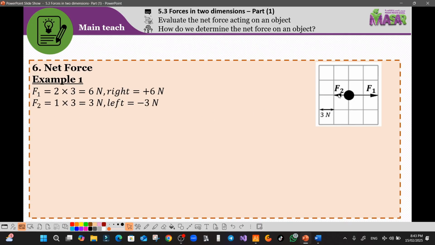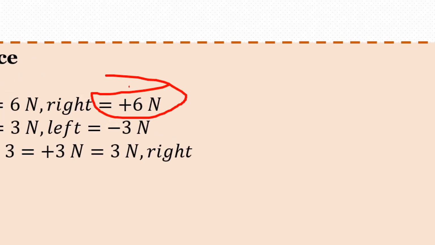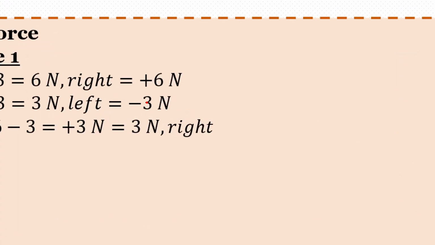Now for F2, we have only one grid, but to the left. This is why when I want to re-express the answer, I must add the minus sign for this magnitude. Now to find the F net, we just put the two numbers next to each other with the corresponding signs, such that the F net is equal to plus 6, because it's given by plus, and minus 3.